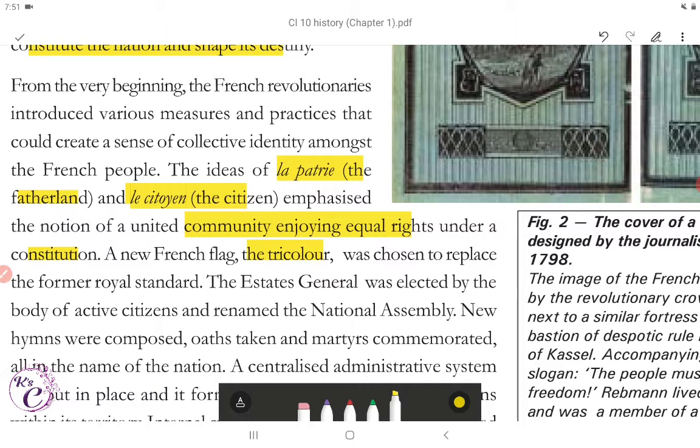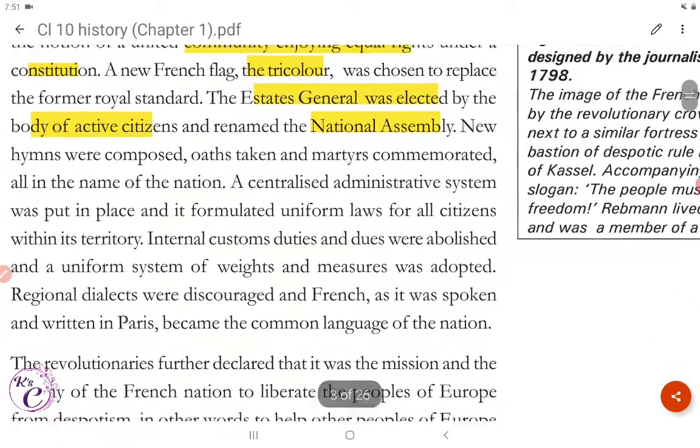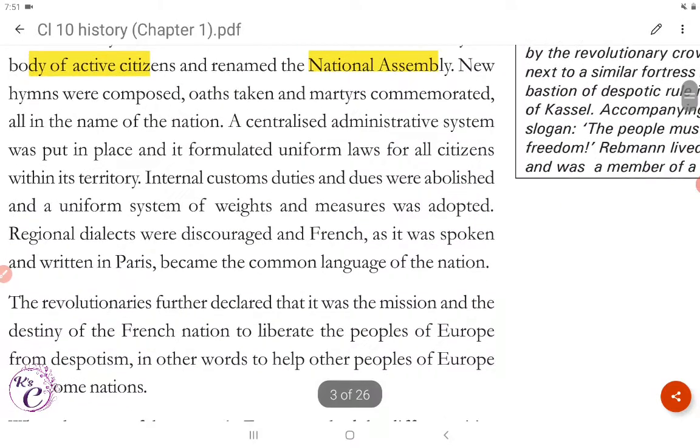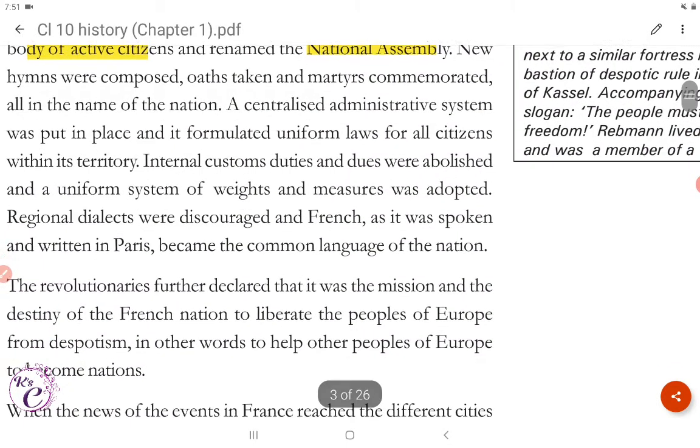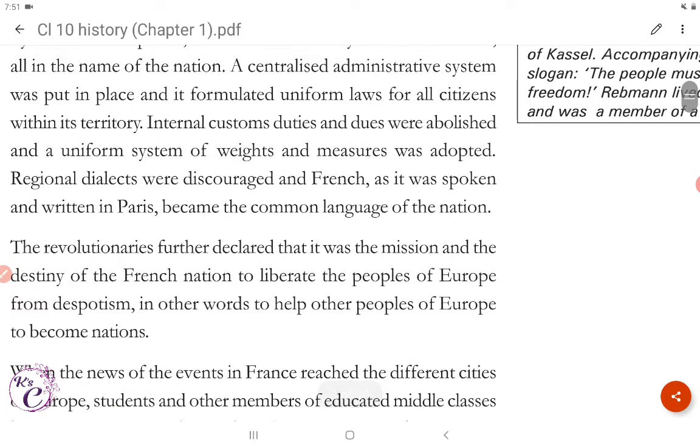The Estates General was elected by the body of active citizens and renamed the National Assembly. New hymns were composed, oaths taken, and martyrs commemorated, all in the name of the nation. A centralized administrative system was put in place, and it formulated uniform laws for all citizens within its territory.